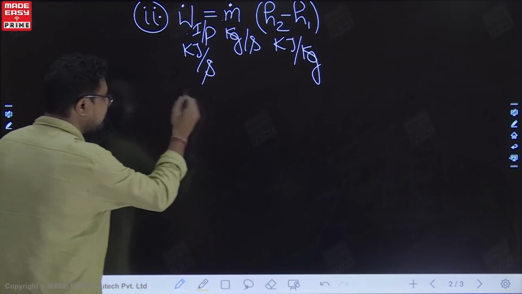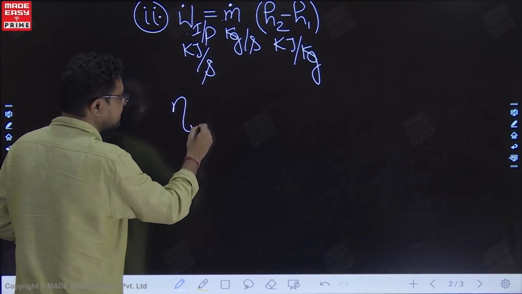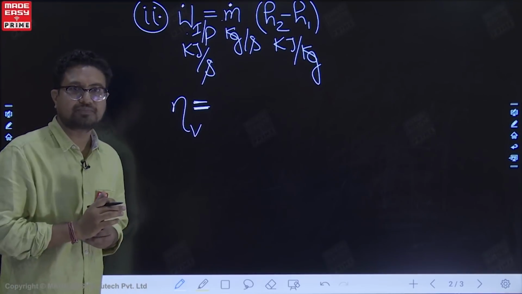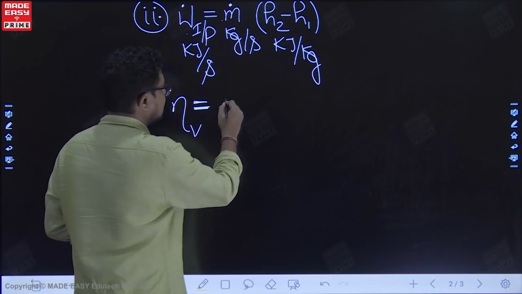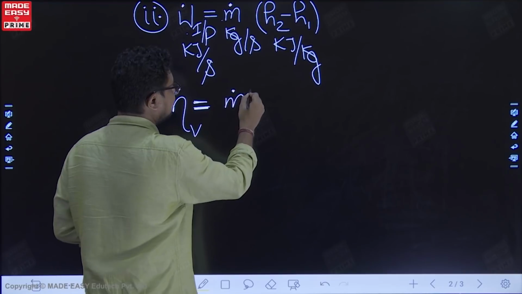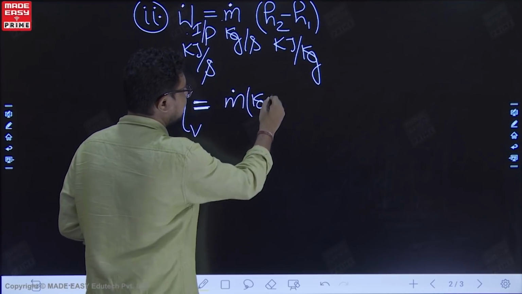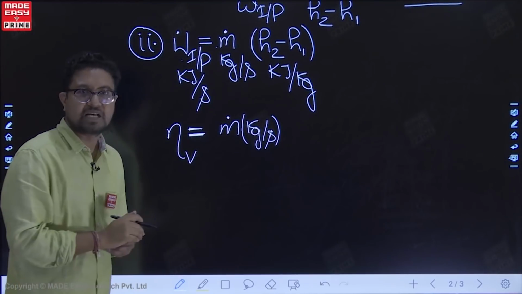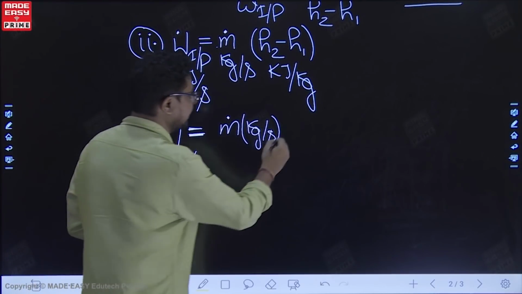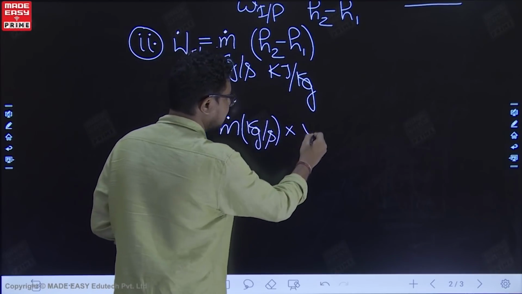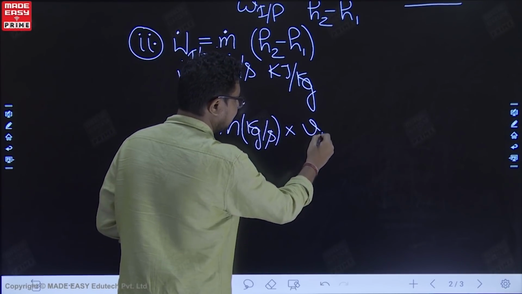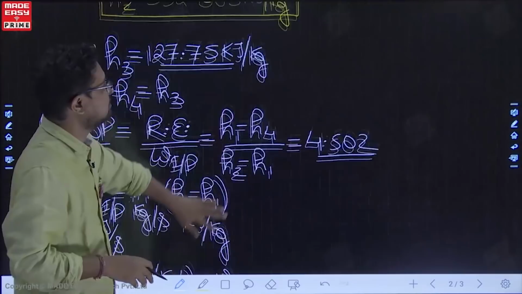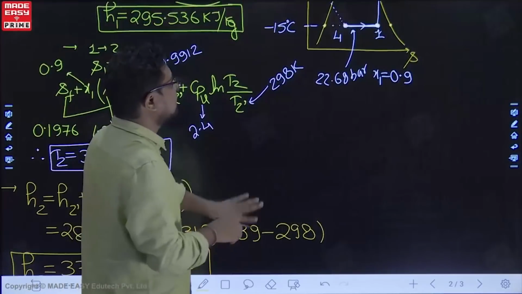If you remember the formula for volumetric efficiency, it is equal to the mass flow rate, in kilogram per second, into the specific volume V1, that is the specific volume at the entry to the compressor.